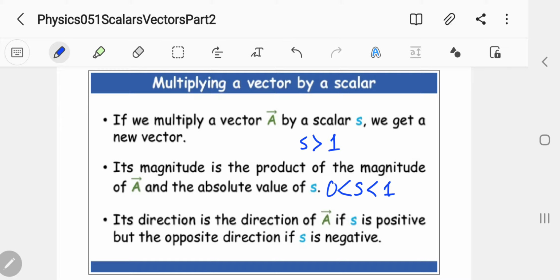If s is between 0 and 1, the resulting vector would be in the same direction as the original, but shorter than the original. If s is less than 0, negative, then the direction would change to opposite of the original.